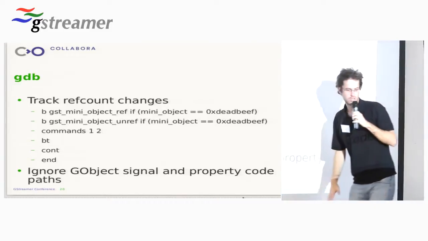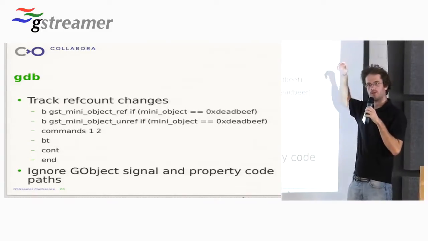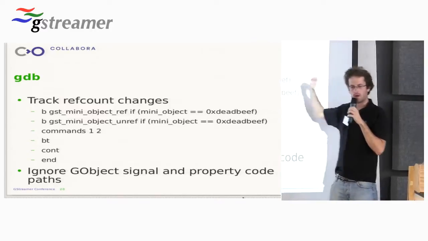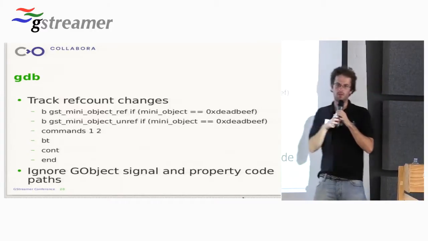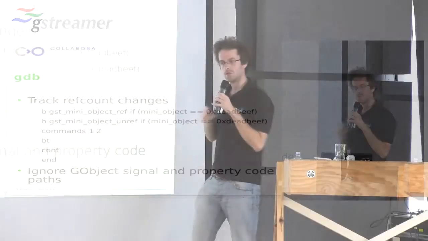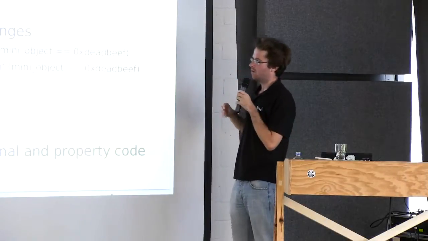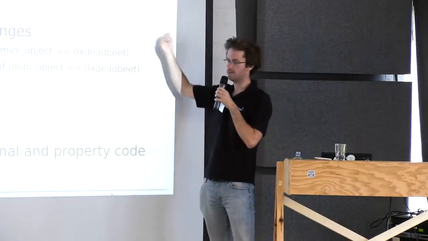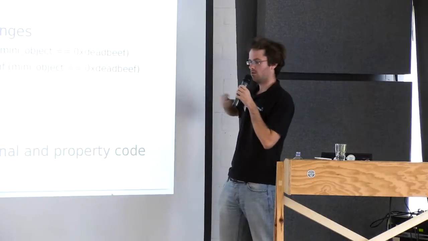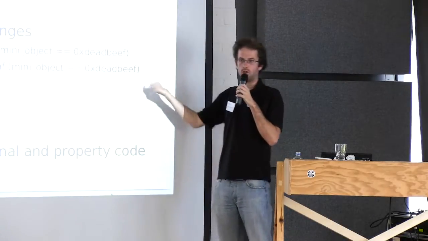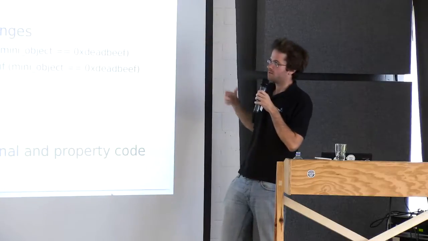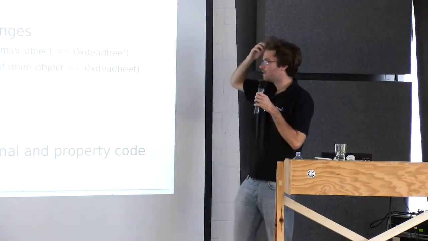By doing that, it will generate a lot of debug output, but you'll be able to see where your object is being ref'd and where it is being unref'd, which can be very useful to see, okay, if at some point a component is taking a ref, but it's never giving it back, so unref is never called, well, that means there is probably a leak over there.